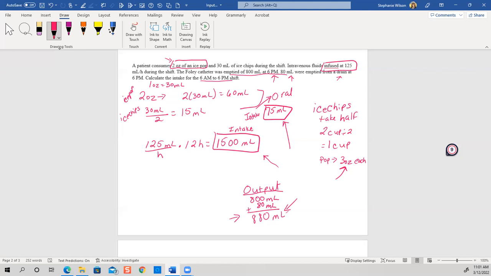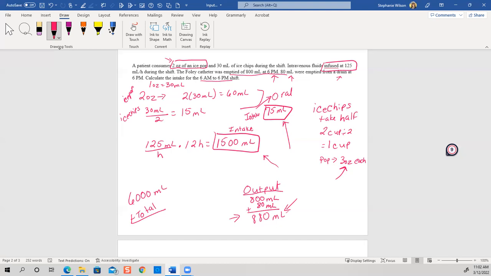I do want to tell you that if you're having irrigation flush, your body's not losing whatever's been flushed through you. So if they're flushing you with 6,000 milliliters, you'd have to take it and subtract it from the total that was collected.